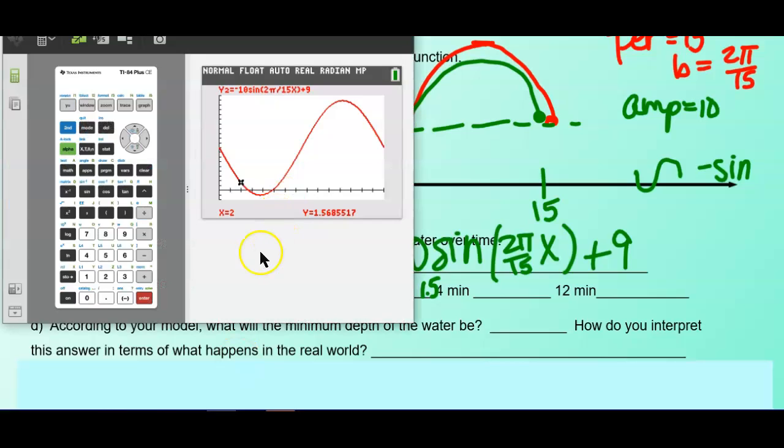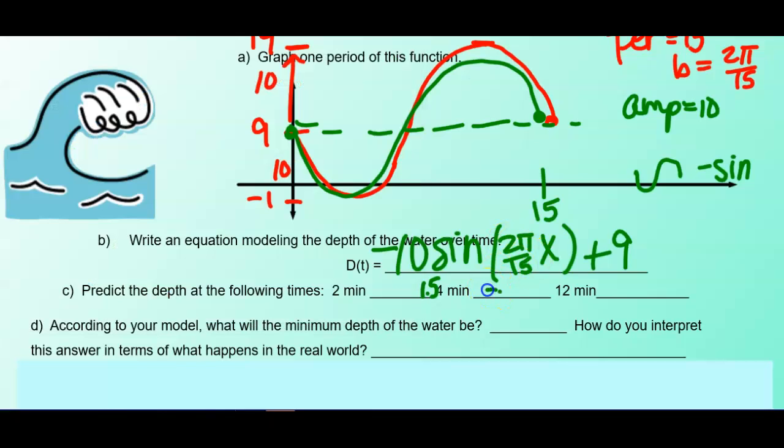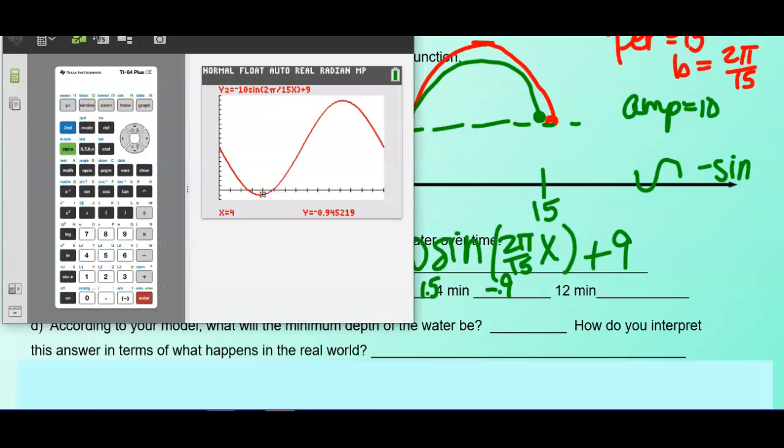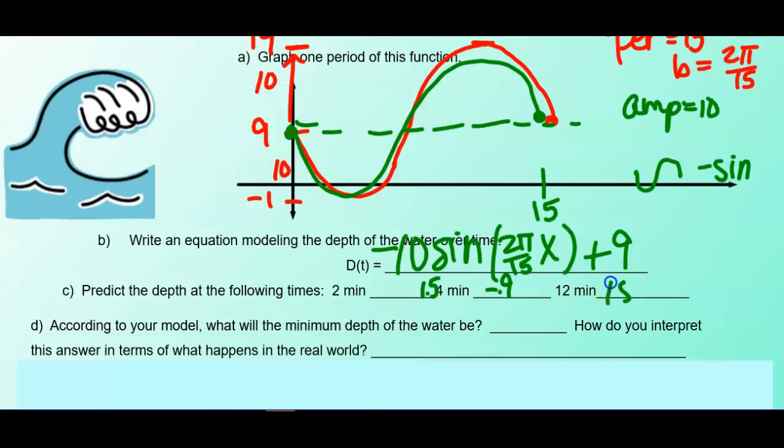1.6. Okay, I think it was meters. 4 minutes into the story, it's below almost negative 1. And 12 minutes into the story, I think we're in trouble if we're still standing there. The water is 18.5 meters.